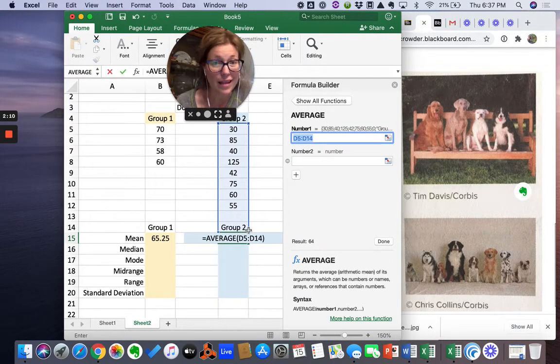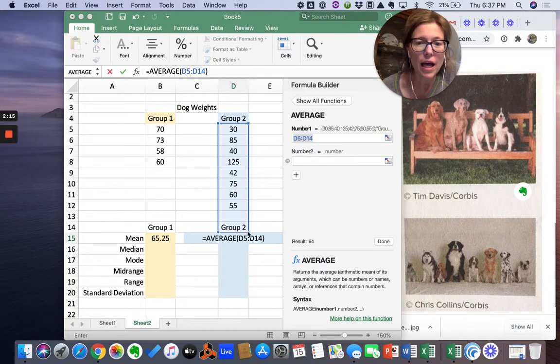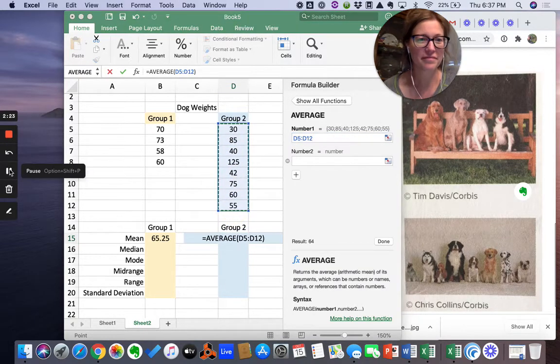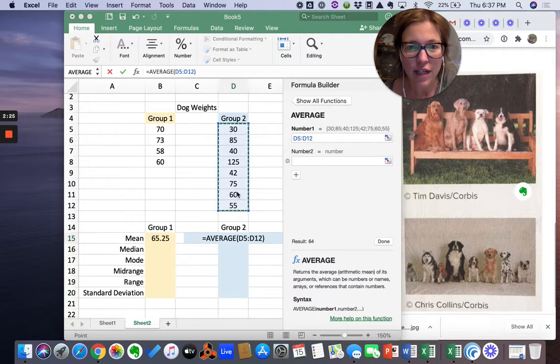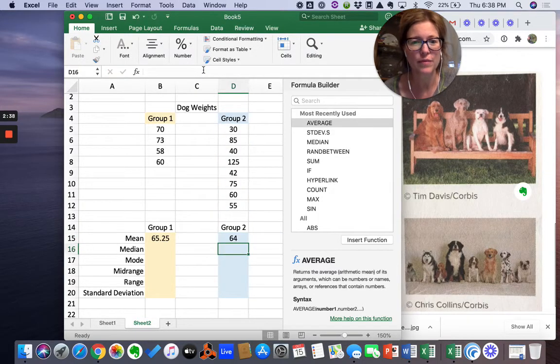Now it's guessing what I want to find the average of. I don't want it to find the average of all of that. Here, there we go. So I've got my range of cells that I want. Press enter. Let's try that again. Okay, activated it. I think I clicked somewhere else, so it wasn't working. There we go.